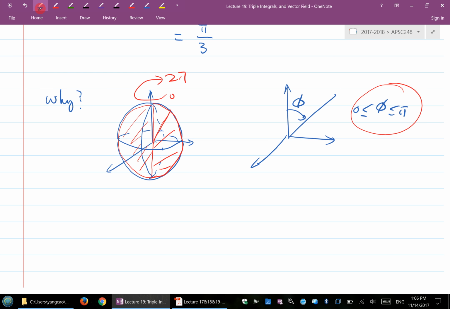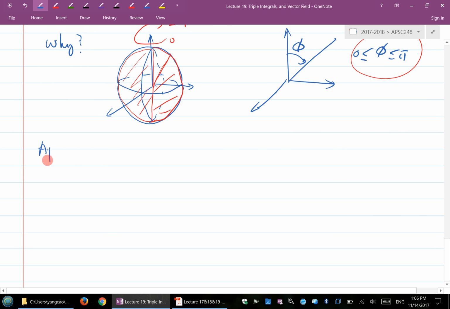There's one little thing before we wrap up this triple integral. Just like the double integral, we have a number of applications associated with the triple integral. It's one natural step forward from the double integral to the triple integral.